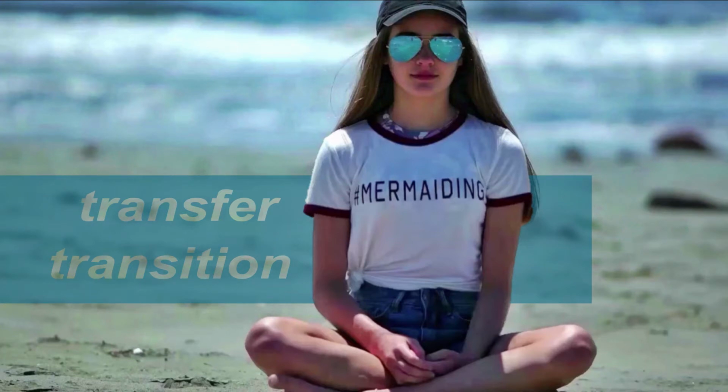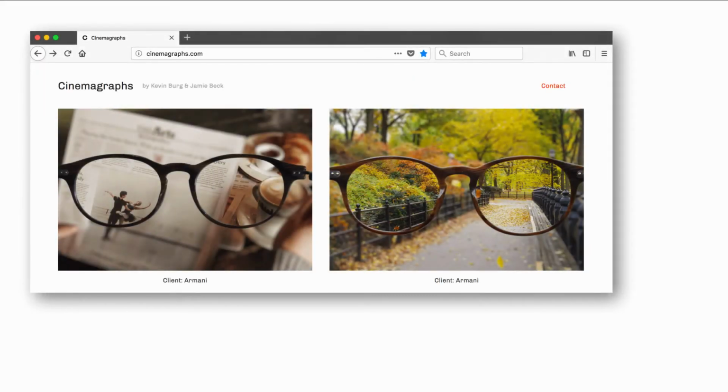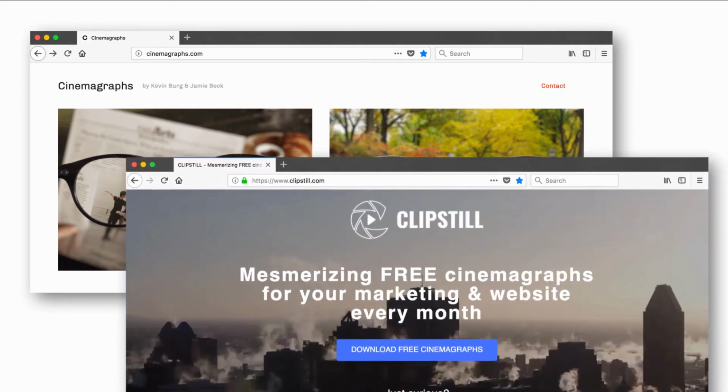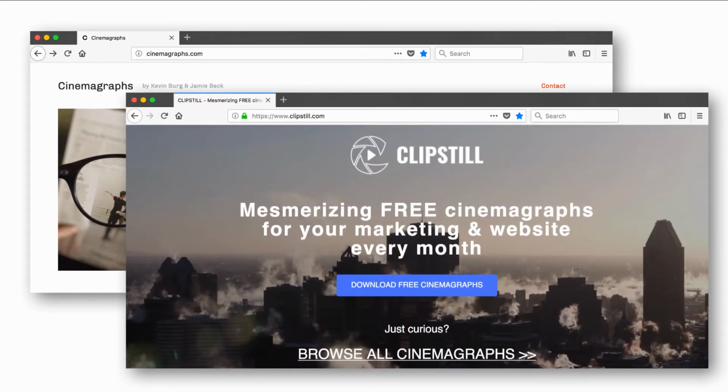There is a specific way to develop this, but there are also nice websites where you can download these kind of cinemagraphs for free. One of the sites is called cinemagraphs.com, and another site is Clipstill. So if you are looking for interesting visualizations using cinemagraphs, you can find this here.